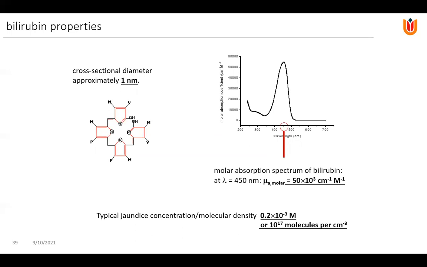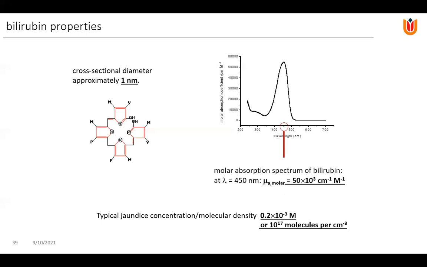We can do measurements of the compound, and we can extract the absorption coefficient. What you see here is the molar absorption coefficient. So it is slightly different than the absorption coefficient that I've presented before. That was in units per meter or per centimeter or per millimeter. This one is corrected for concentration. So this is per centimeter per molar.